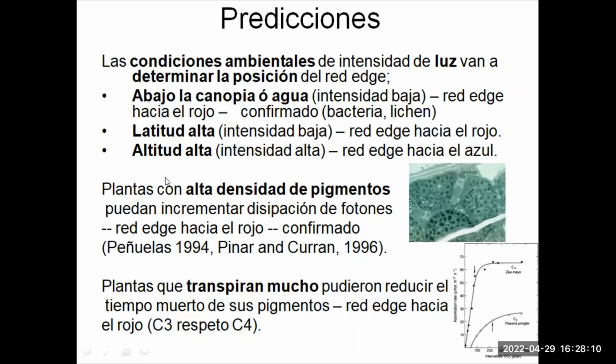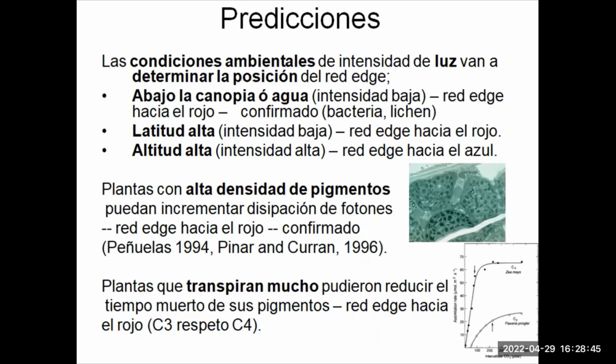So for example, if we have leaves which are below the canopy or below water, where the light intensity is low, then the red edge will move towards the red. Because we have low intensity light over the visible range, so we still can dissipate photons, so we're still going to absorb more photons towards the infrared. And this is confirmed in the absorption spectrum of bacteria and lichens.